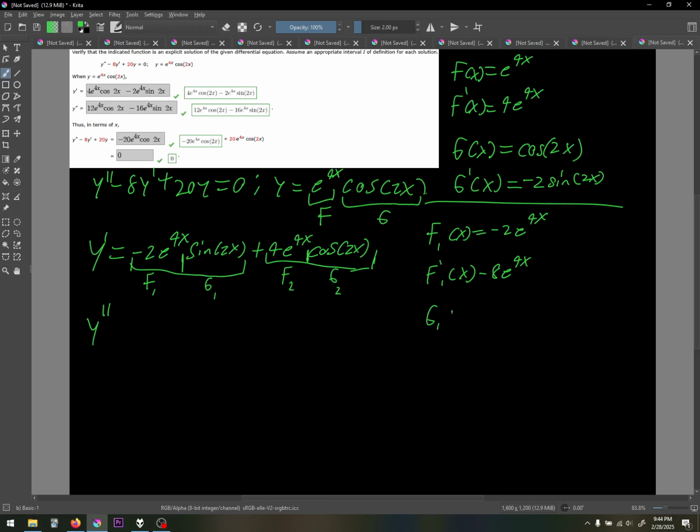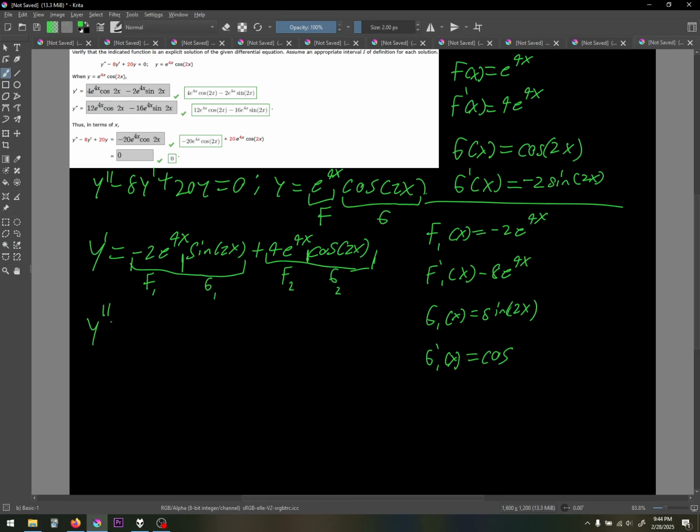Our g1 of x is equal to sine of 2x. And let's see. Oh, we haven't actually done that one yet. So derivative of sine is cosine. So g prime 1 of x equals cosine.